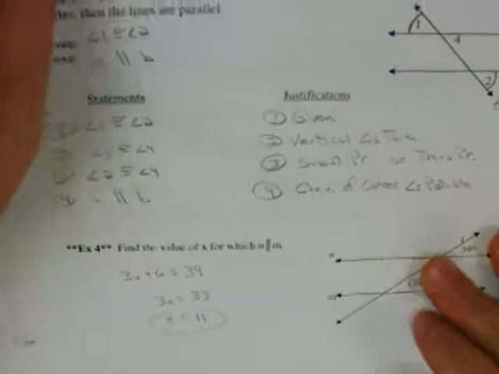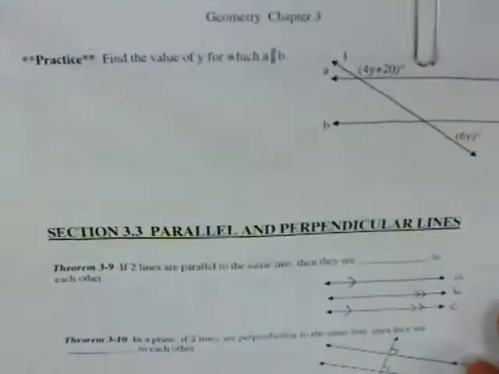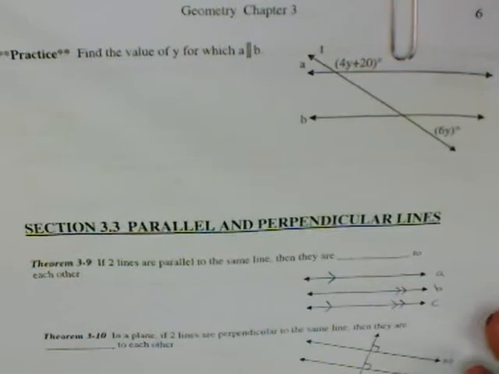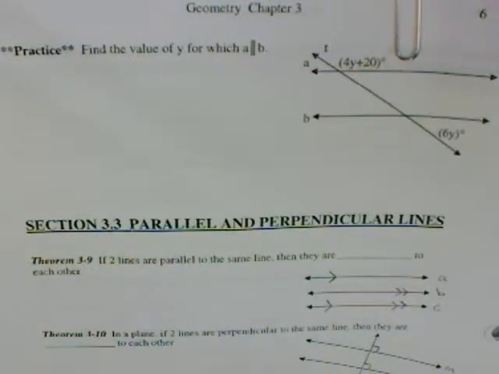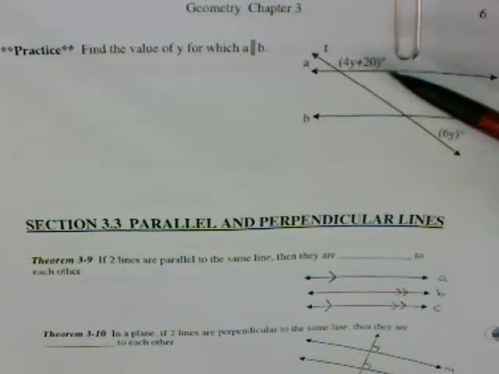Alright, so let's turn the page. We have a practice problem set up for you. The practice wants to know the value of y that's going to make A parallel to B, those two lines. So you're going to look and see what information they gave you.